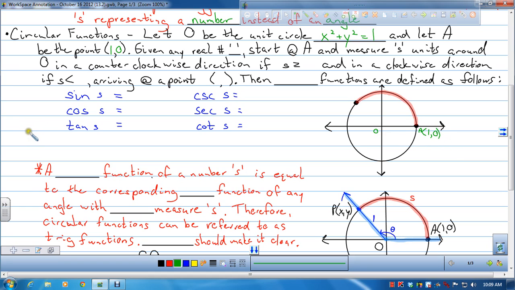And it's going to be measured around this direction.